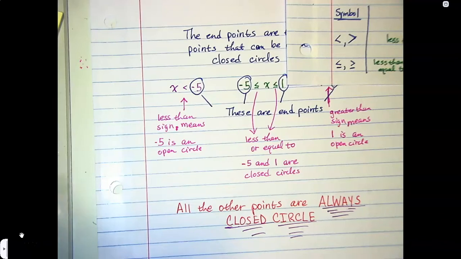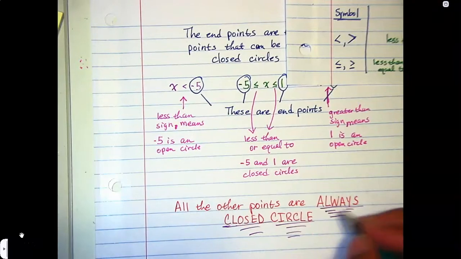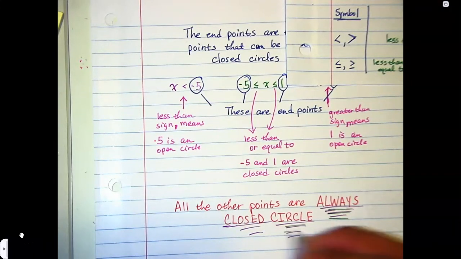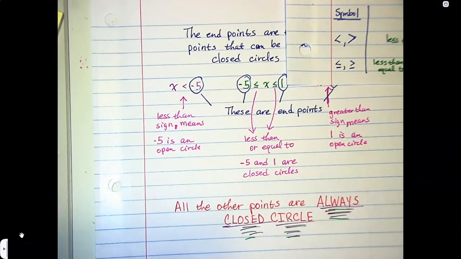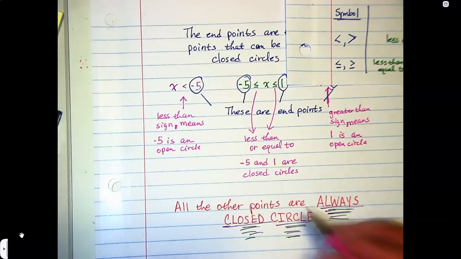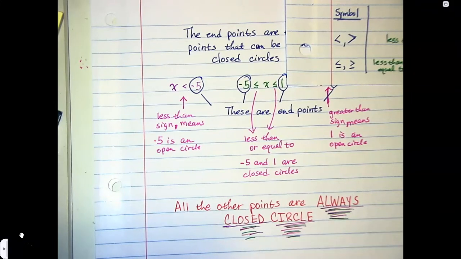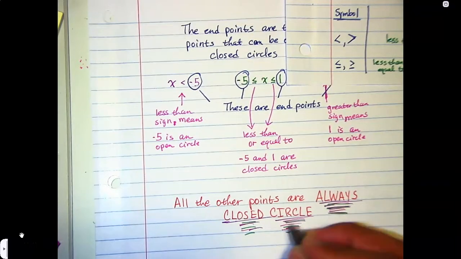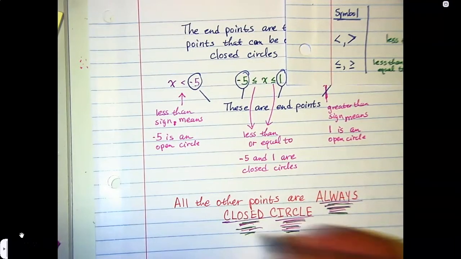You don't have to wonder how you're supposed to know when it's going to be open and when it's going to be closed. I just told you. If it's an endpoint, it could be open or closed. But if it's any other point, it's automatically closed.